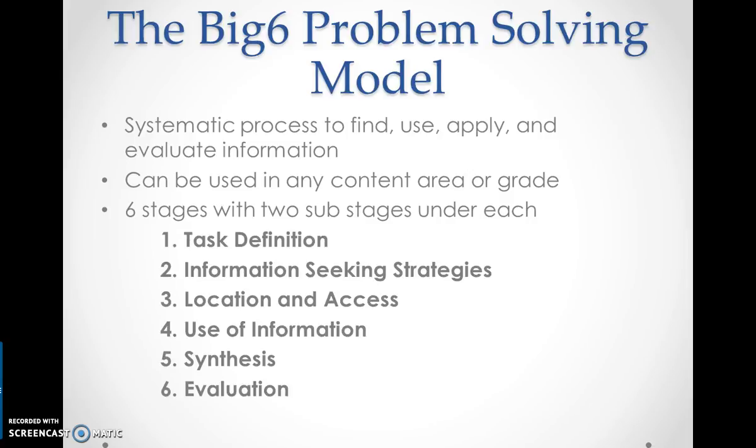So first we have task definition, next information seeking strategies, third location and access, fourth use of information, fifth synthesis, and sixth evaluation. Even though these stages are numbered 1 through 6, they certainly don't have to be done exactly in this order. But in order to follow the problem-solving model, you do need to hit each one of these steps to successfully complete it.